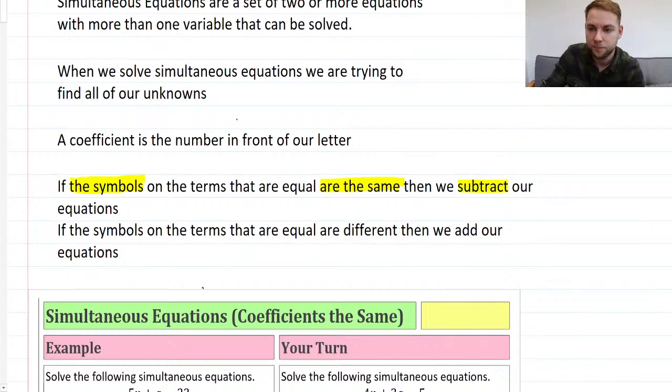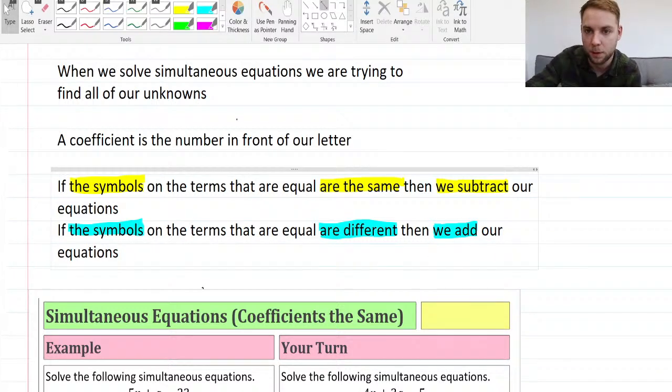If our symbols are the same, then we subtract. And let's highlight something else. If the symbols are different, then we add. Now this is the important part, okay? So make sure you've got all of that down. I'm going to give you a little second to get that down. Let's put a box around this.